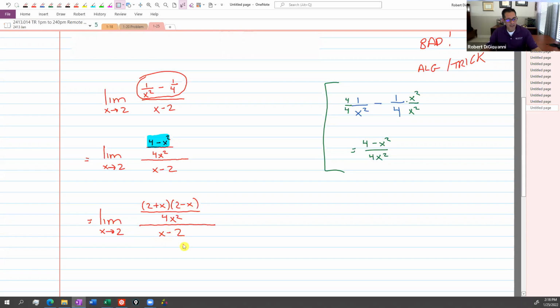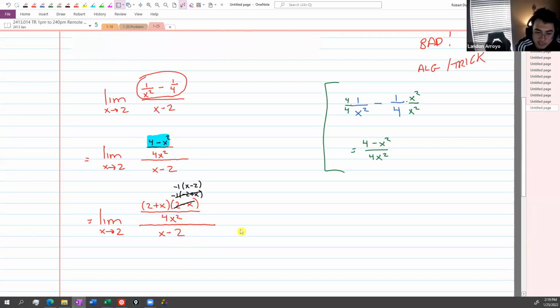I would need to take this 2 minus x, factor -1 out of it, and then it would become -2 plus x. But that's the same as -1 times x minus 2. And now they're the same, aren't they? Yes. Okay, I'm gonna come back to that. I'm gonna erase it because I want to come back to that.